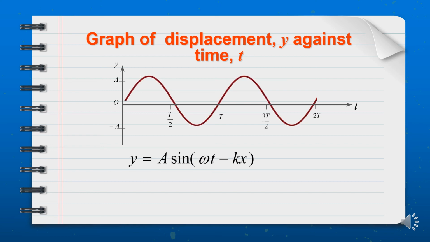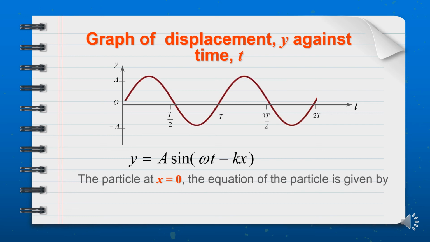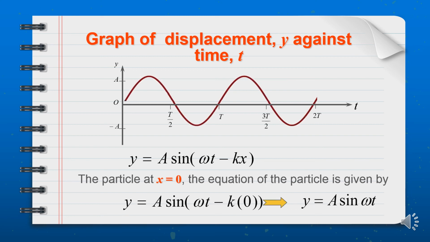So the equation for displacement is y equals A sin(ωt − kx). For the particle at x equals 0, the equation of the particle is given by y equals A sin(ωt − kx). You substitute the value 0. After that, you get the final equation for displacement: y equals A sin ωt.